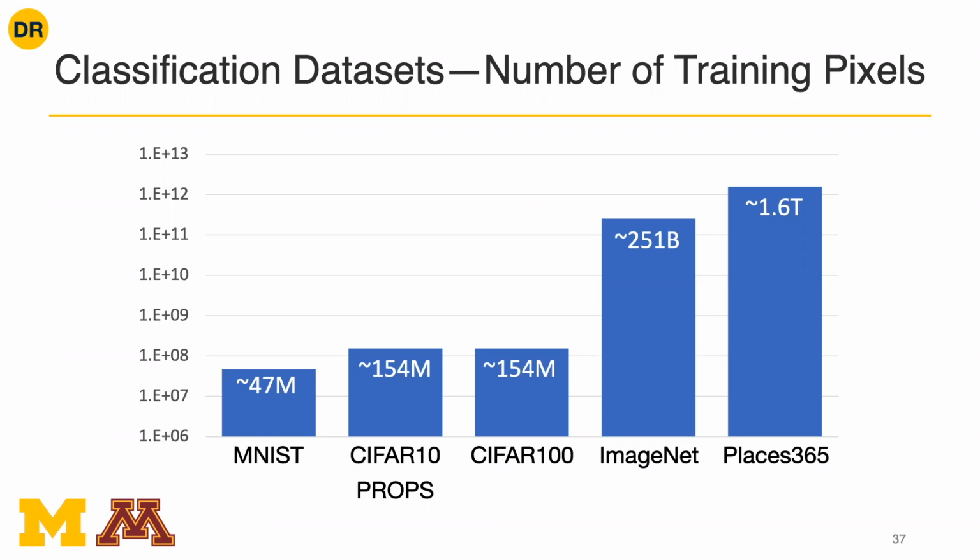There is a significant jump from MNIST to CIFAR, and then to ImageNet there was a huge jump. Imagine a function or neural network having to understand the huge number of pixels to be able to classify images. And again, to Places365, there's a huge jump.